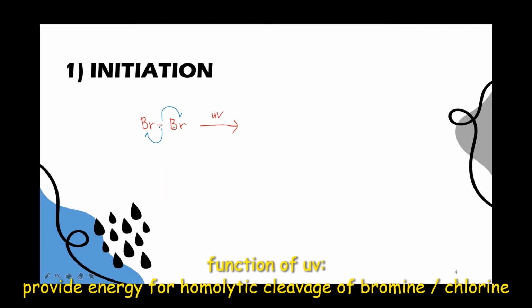In this single bond, there are 2 electrons, so one electron goes to each atom, and it will become Br dot. This is a free radical of bromine, or you can write it as 2Br. So the first step involves the homolytic cleavage of bromine molecules in the presence of sunlight.